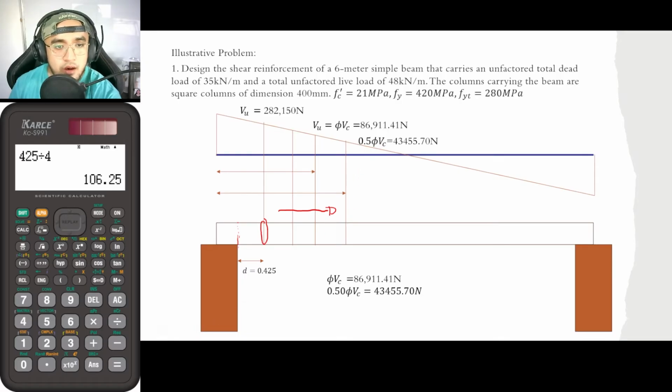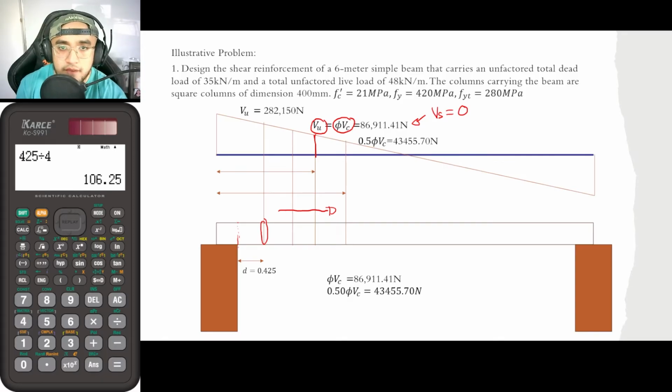According to the code, and according to practices, at this region here, whereas VU is equal to PVC, we can say that VS here is actually equal to 0. Why is that the case?